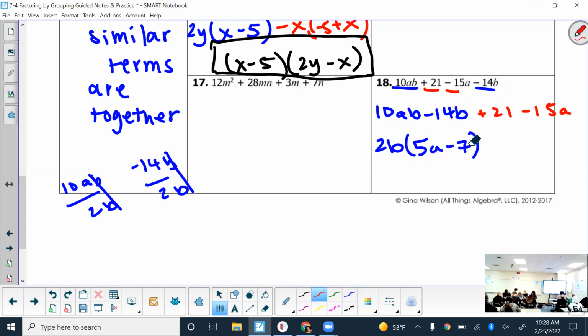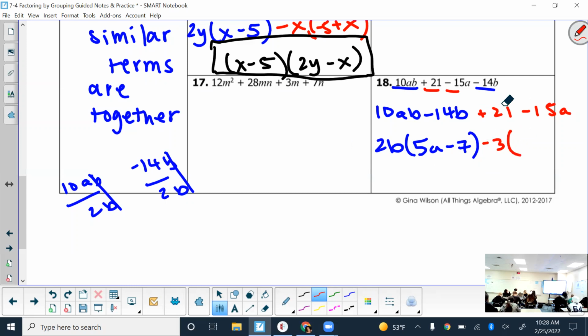So if 5a minus 7 is our common binomial, then I want those signs to match up. So we're dividing negative 15a by a positive 3. Give me a positive 5a. So then it has to be a negative 3 that we factor out.